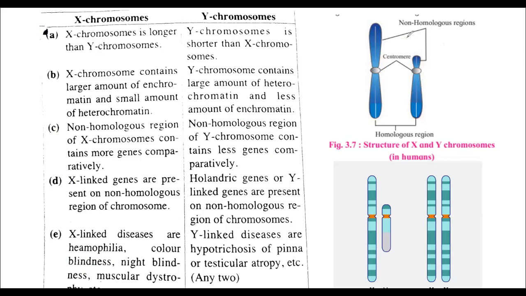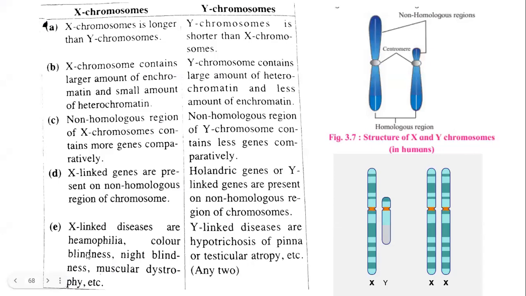Out of these we will see night blindness, color blindness and hemophilia. Y-linked diseases can be hypotrichosis of the pinna or testicular atrophy. We are going to see this when we do sex-linked inheritance.